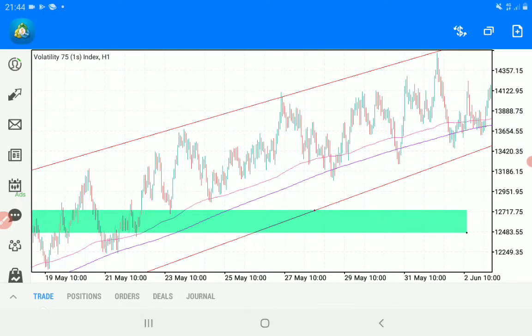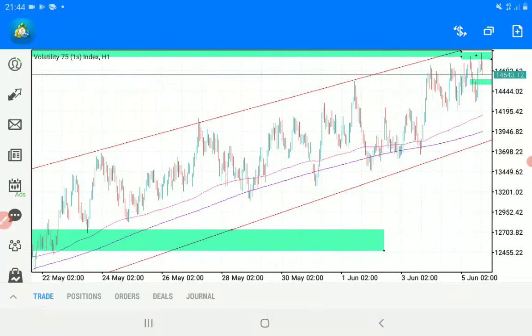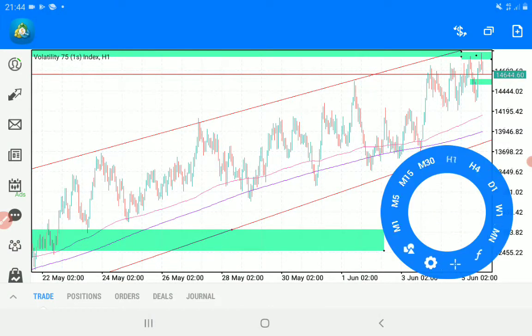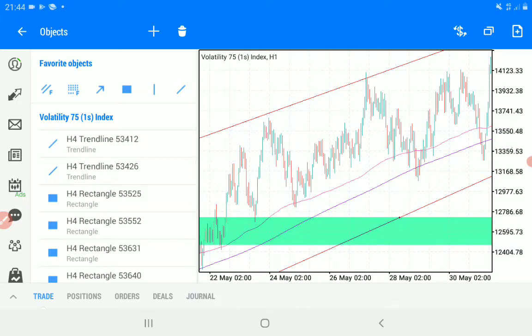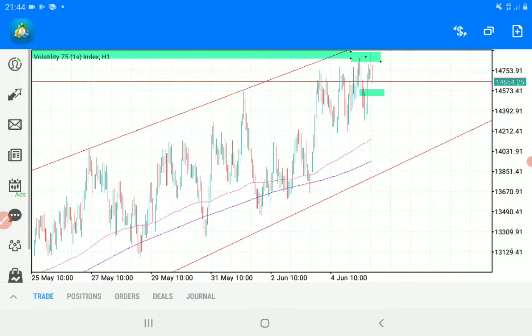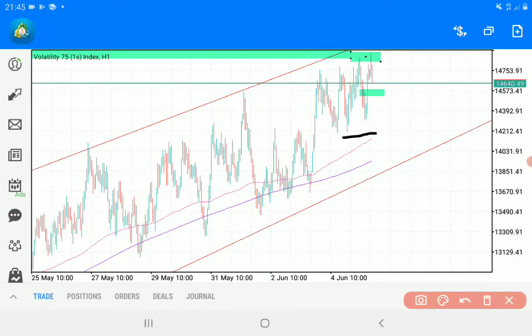All right, so chart patterns are very important because they will also help you to make a decision. All right, so now for an example, let's look at that.